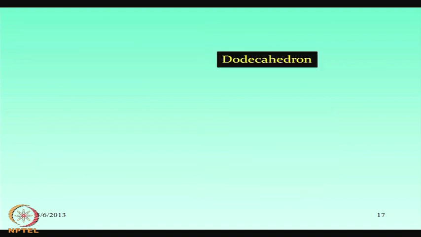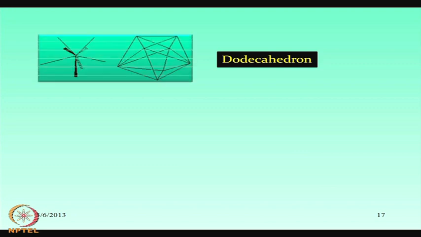Now we see the corresponding dodecahedral geometry. In the dodecahedron we have a coordination number of 8, but the corresponding faces we can have... This is the corresponding pentagon basically. So, on this side we have 5, then on another side we have 5, 10 plus 2, 12. So, it has 12 faces.